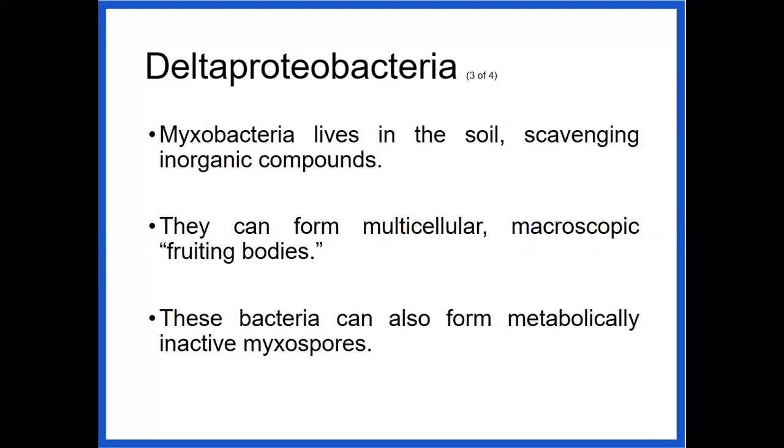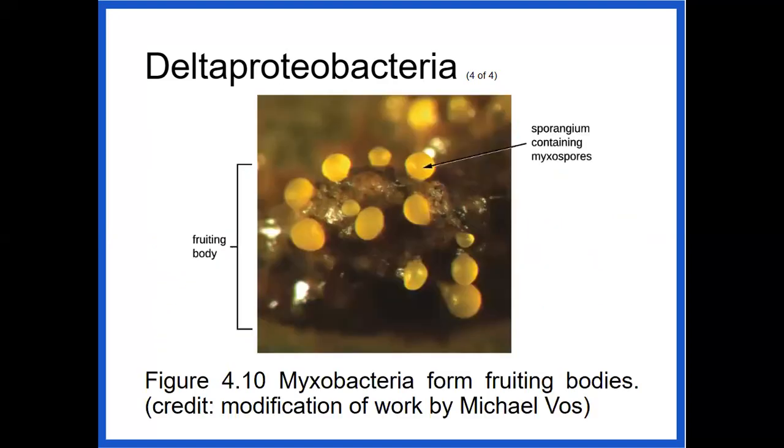So Myxobacteria, it lives in the soil. It scavenges inorganic compounds. So they can form multicellular macroscopic fruiting bodies. So they also form metabolically inactive myxospores. So yeah, this is the fruiting body, and you form sporangium containing myxospores.